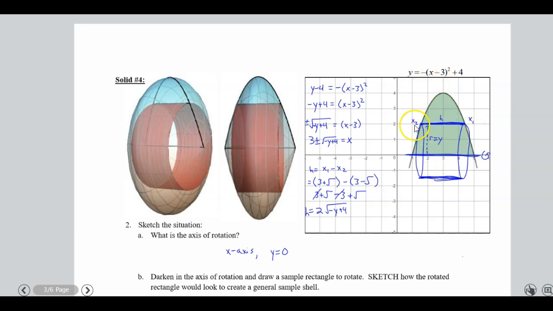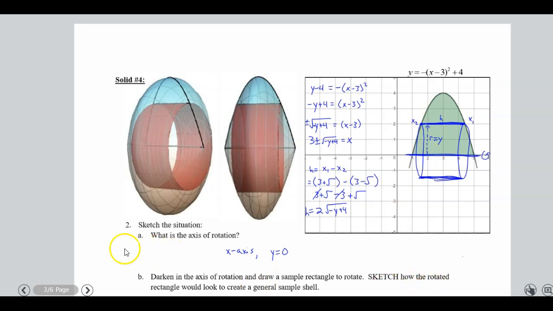But with horizontal, I have to go through quite a bit of work. So I'm going to try to avoid using horizontal rectangles with this one if I can. And if my axis is the y-axis, then I'm parallel. I might use shells, just like on number 3. But otherwise, I might use discs or washers, depending on if there's any gaps or not.